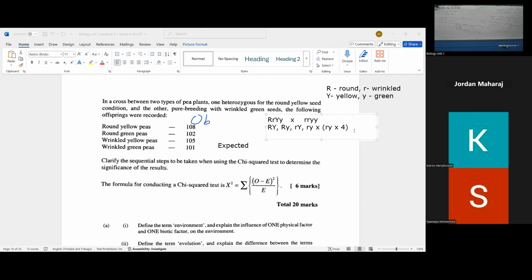So then we add the cross. This is not a dihybrid cross like we did before, because it's a heterozygous against a homozygous recessive. So I'm going to do it on the board.